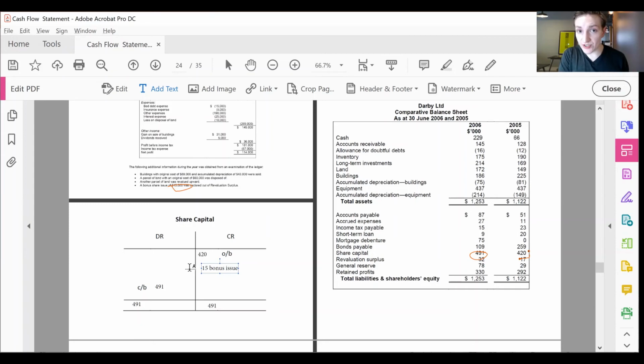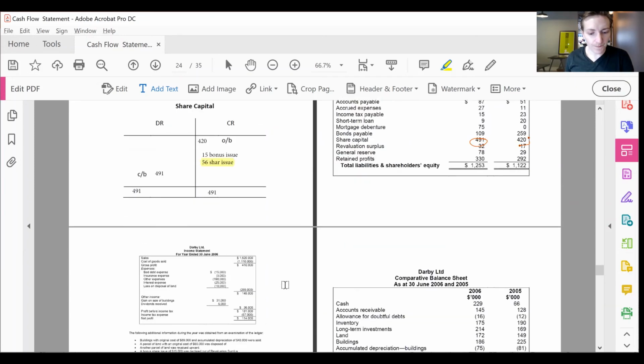The share issuance then would be 491 minus 420 minus 15, i.e. it is what is necessary for us to balance up the credit side of our T account here. So the share issue then must have been 56. And that is going to be a cash inflow to us from effectively issuing shares. So that's our share capital.